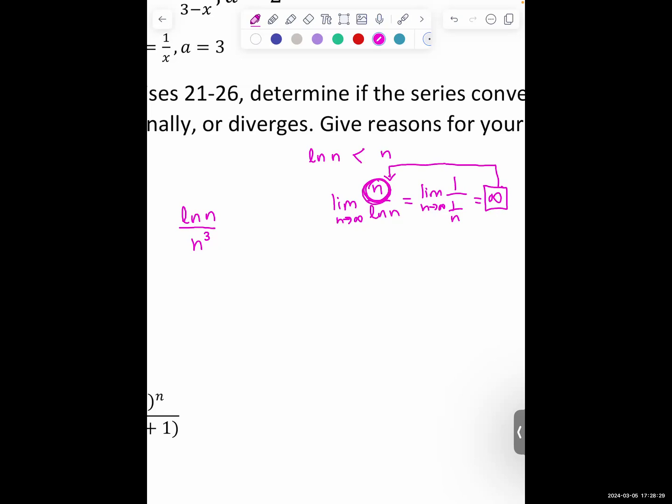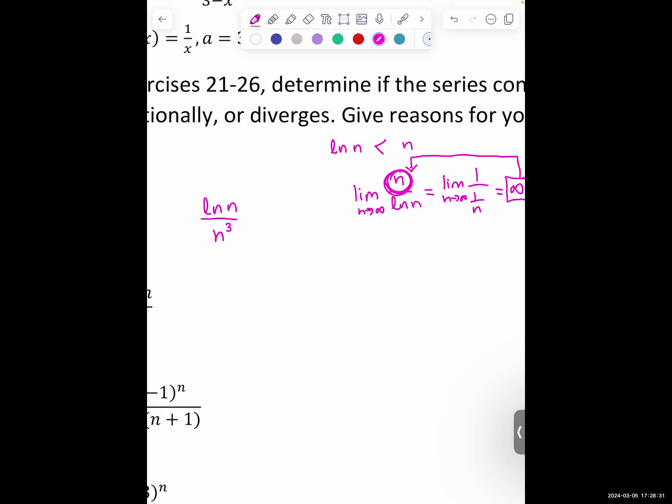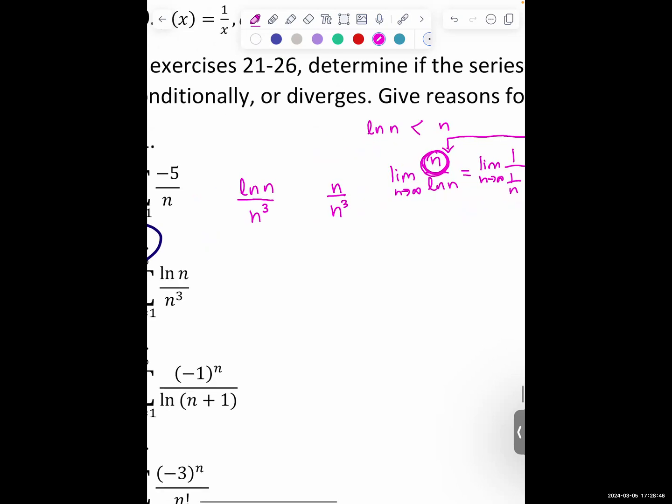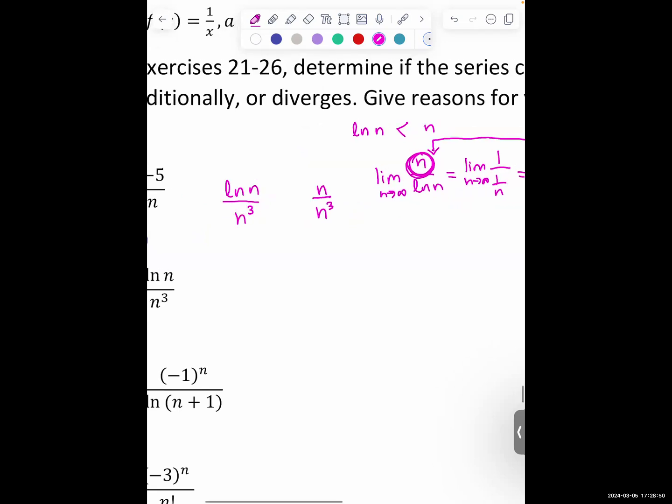Now, if that's true, then perhaps instead of comparing ln of n over n cubed, I could compare n over n cubed, because I know something about n versus ln of n. If I reduce n over n cubed, it results in 1 over n squared, and that's where the 1 over n squared comes from.